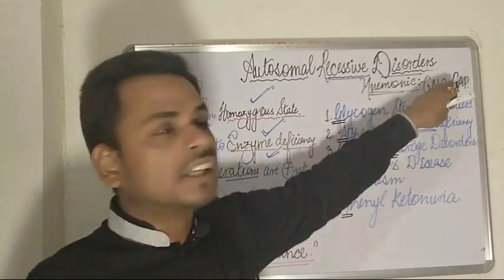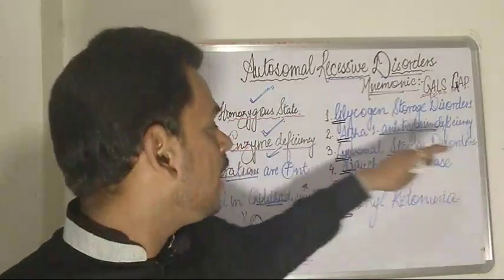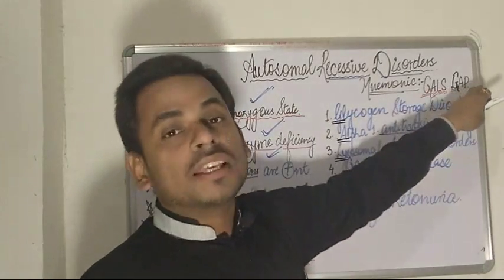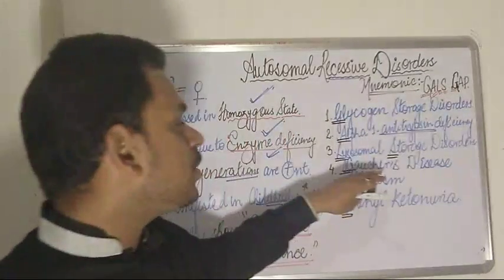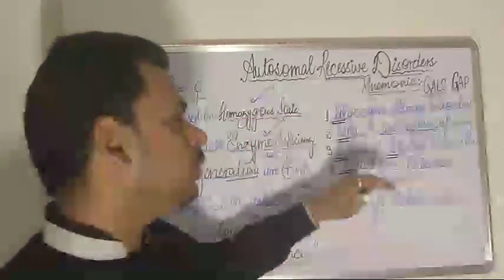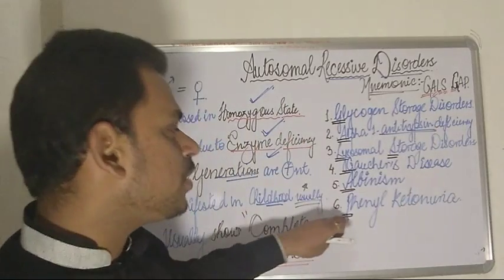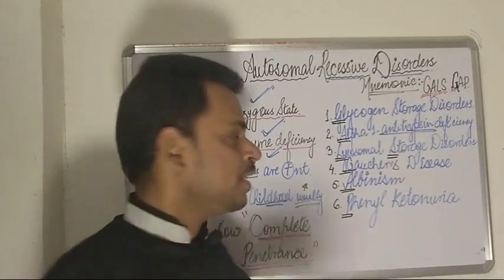Moving on to the next, the L of the galls refers to the lysosomal storage disorders. Moving on to the G of the gap, the G refers to Gaucher's disease. The A of the gap refers to albinism, and finally the P of the gap refers to phenylketonuria.